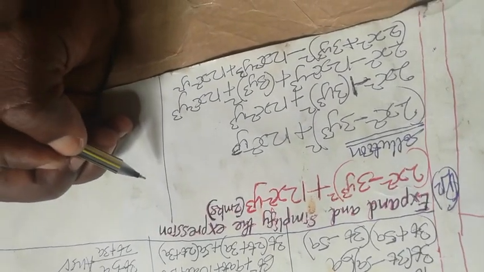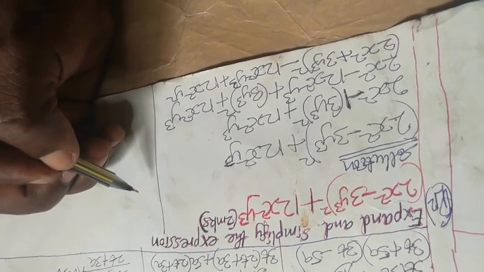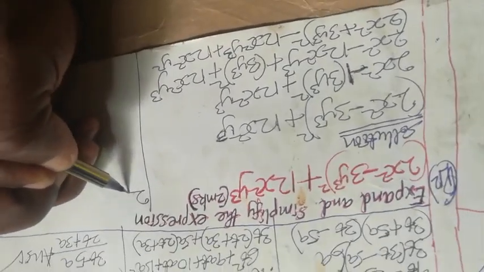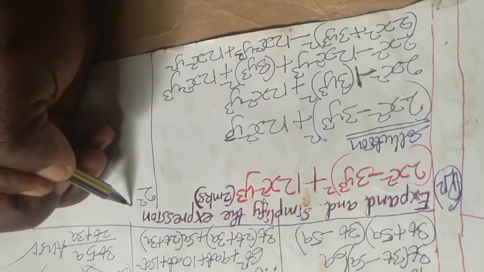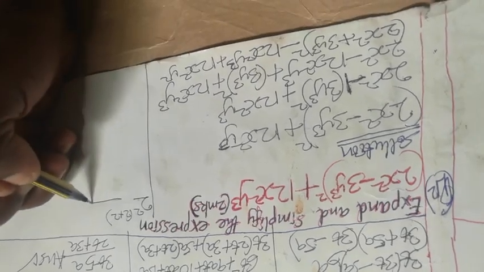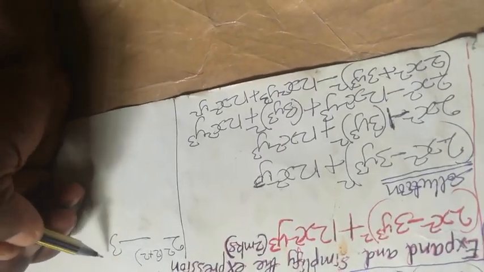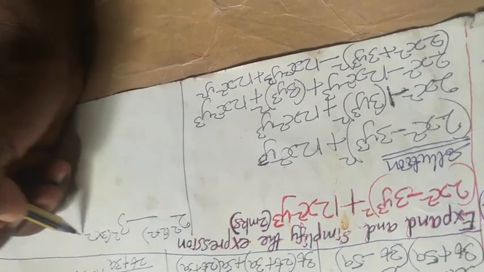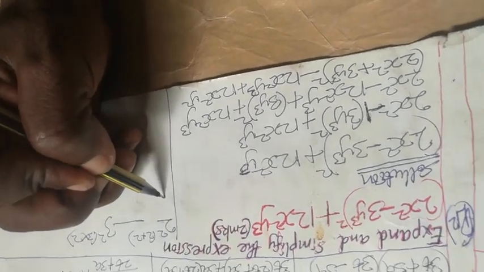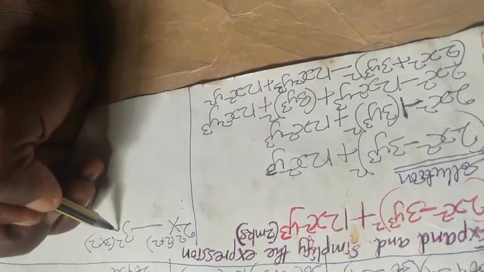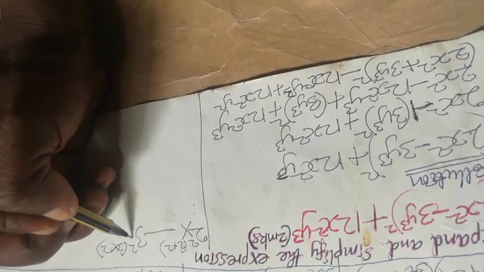This will further give us (2x squared) squared plus 2(2x squared)(3y cubed)... minus 3 squared... Remember here we have x.